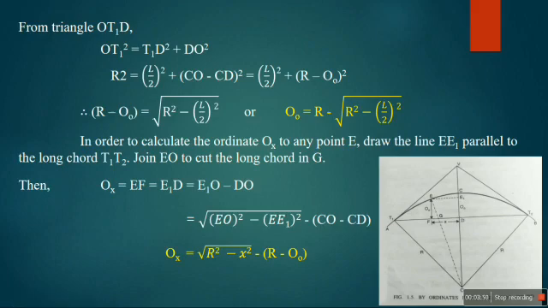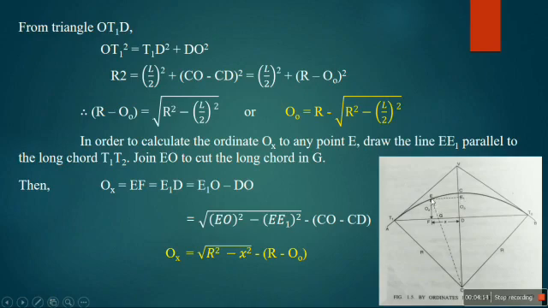Next we have to derive the equation for OX at a distance of x. What is the offset length here? Take a point at x distance, this is your OX, then draw a line parallel to the long chord, that is E1.